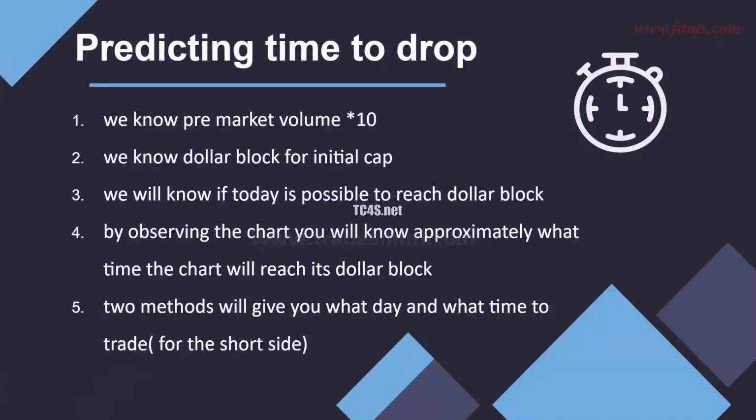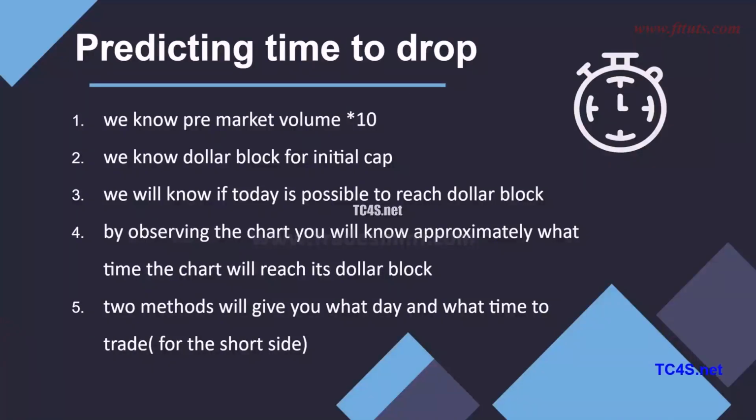Now, since you already know how to predict what day is going to drop, right here we're going to predict what time is likely to drop. First of all, we know the pre-market volume times 10 equals the entire day volume estimation. So that's how much volume is going to trade throughout the entire day as an estimate. You can use the first hour times 4, the second formula, to get a more accurate volume prediction.